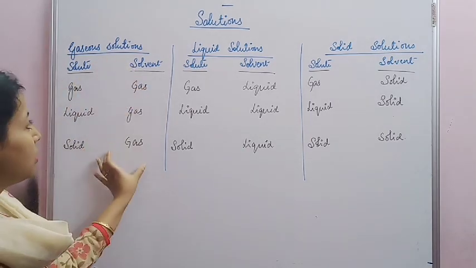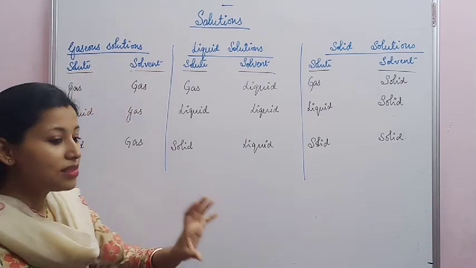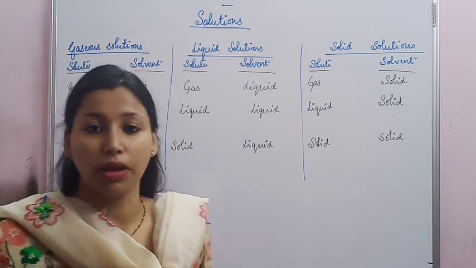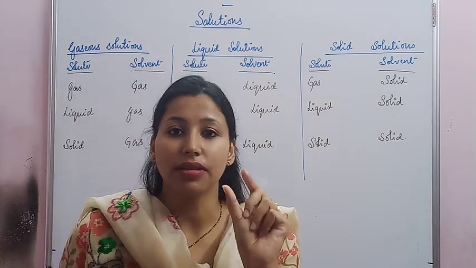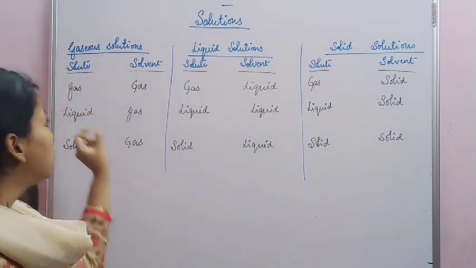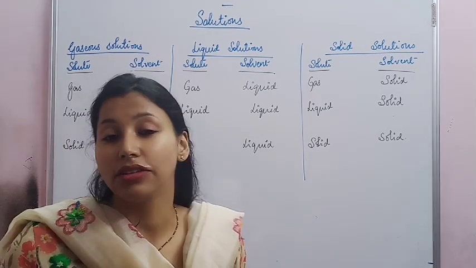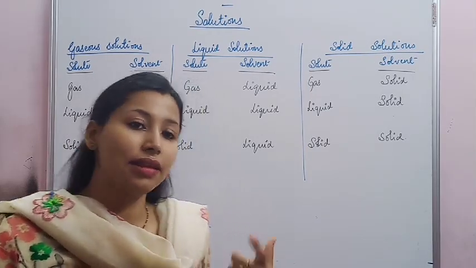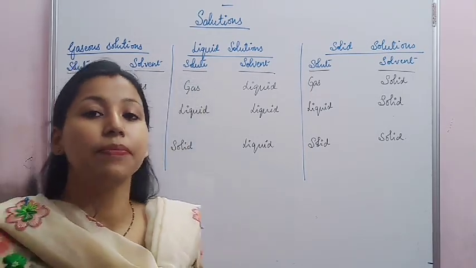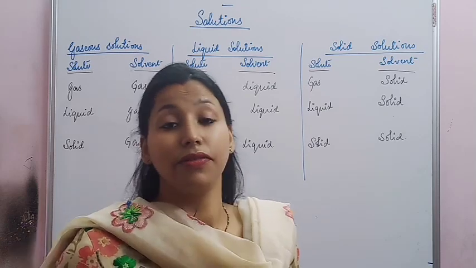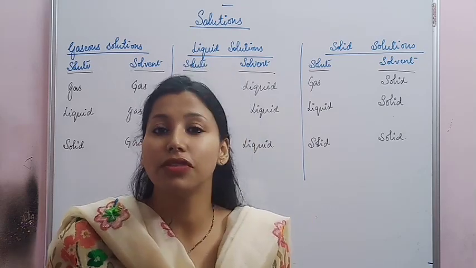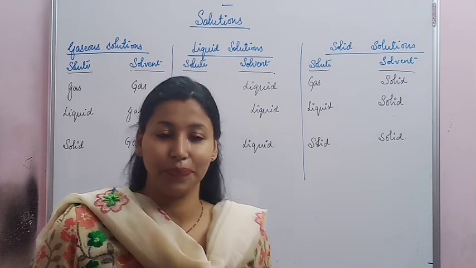My solvent is something which is present in larger amount and solute is something which is present in lesser quantity. So if you dissolve gas in gas, that will be known as a gaseous solution. An example for this category would be nitrogen gas dissolved in air, or oxygen gas dissolved in air.